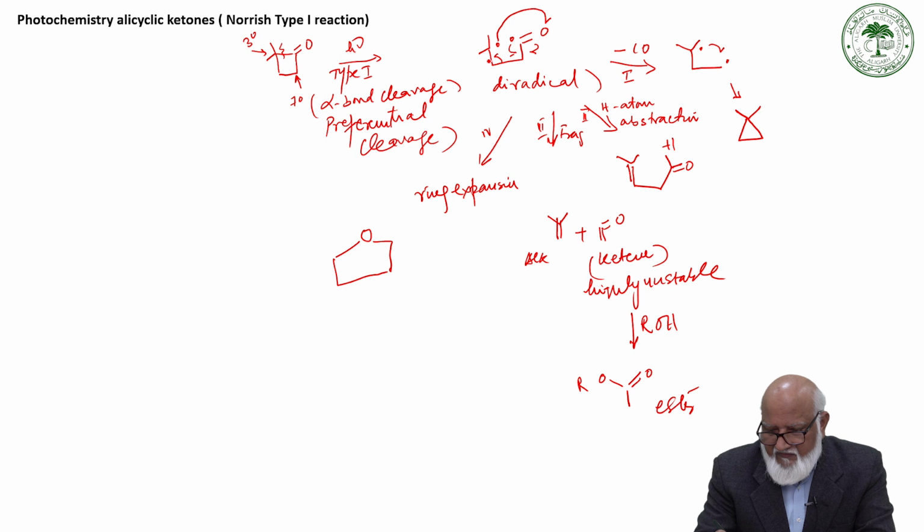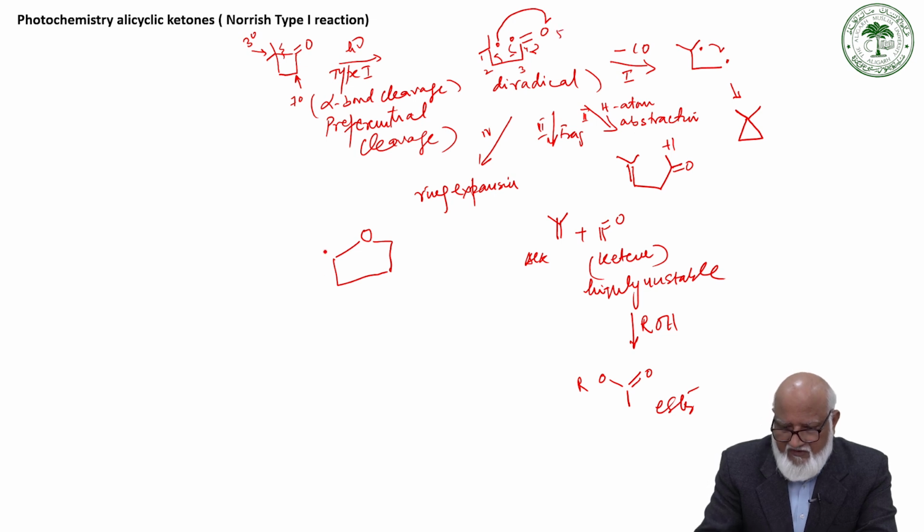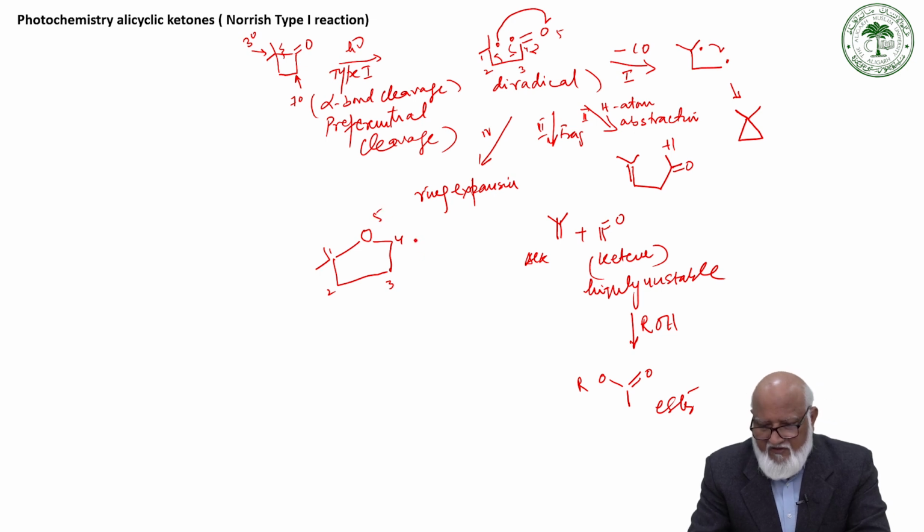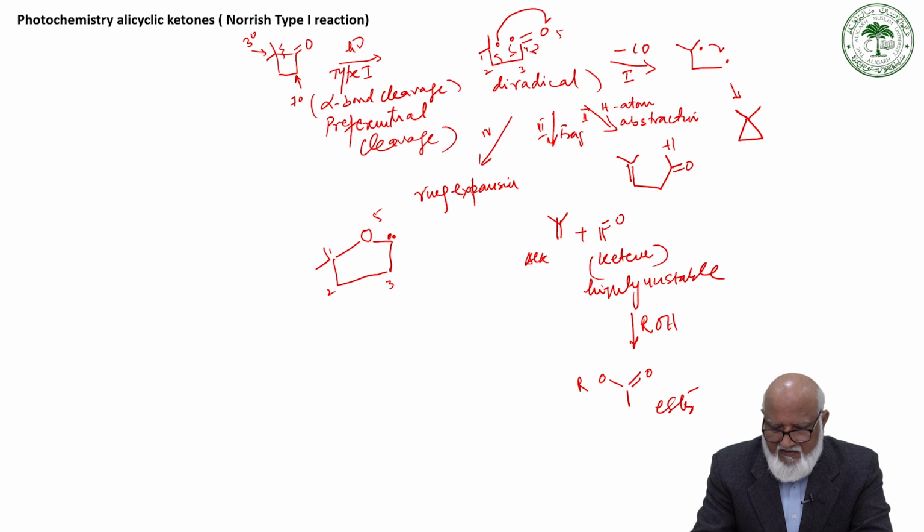If we number this, say 1, 2, 3, 4 and 5, 1 is a methyl group, and at the 4 carbon we have a carbene.